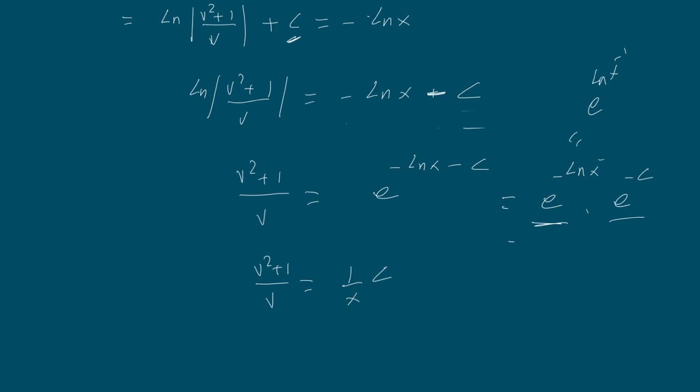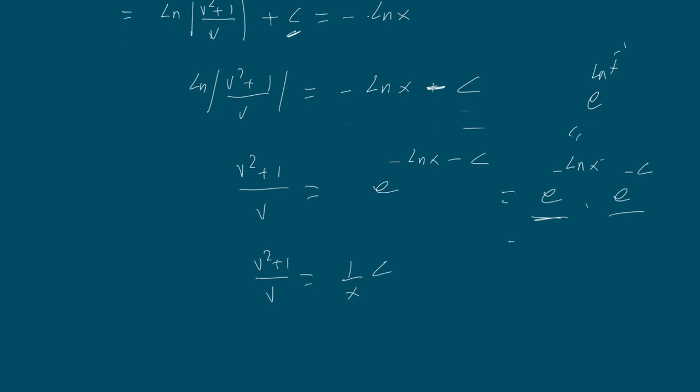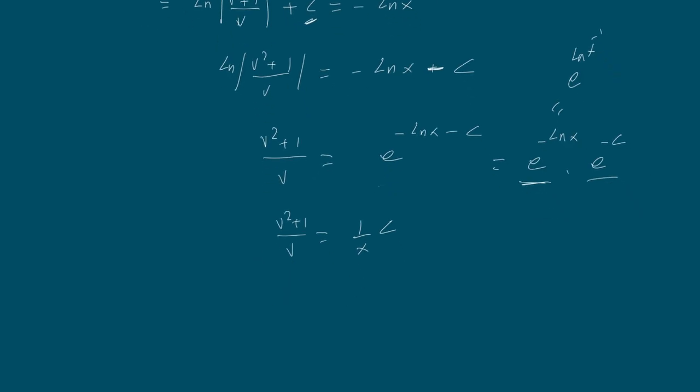So this is the equation: (v squared plus 1) divided by v is c divided by x. So now we write who is v. v is y divided by x, and the equation that we have is that (y squared plus x squared) divided by (1 divided by y divided by x) equals 1 divided by x plus c.